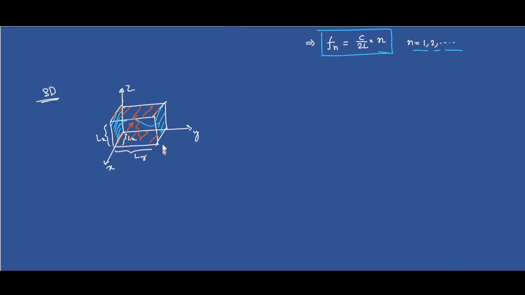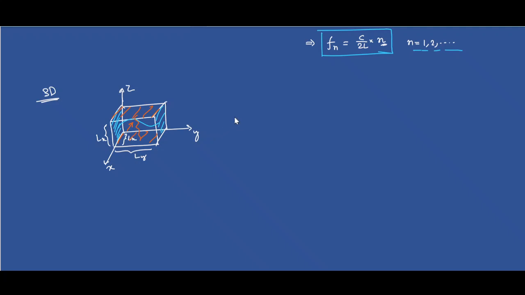To do that, we have to know the wave equation in 3D, and we have to know the method of solving differential equations, which is separation of variables, to get a relation of frequency with the modes. As Lx, Ly and Lz are different, for every direction we are going to have one mode.